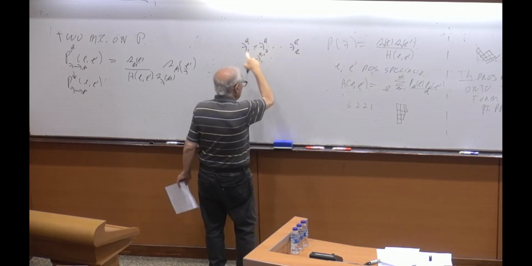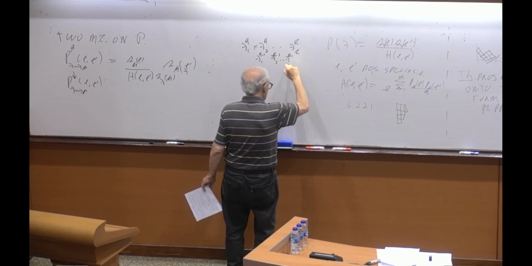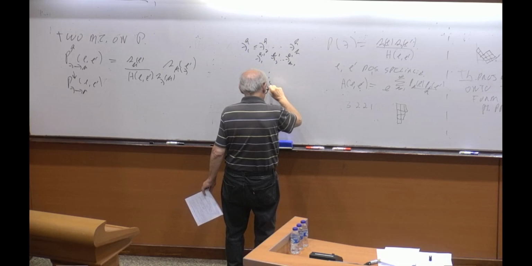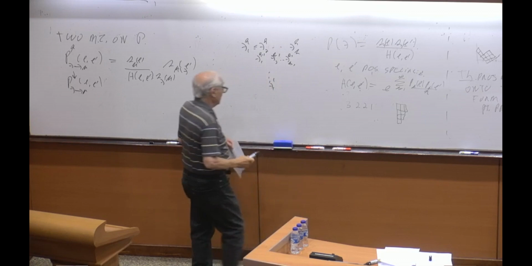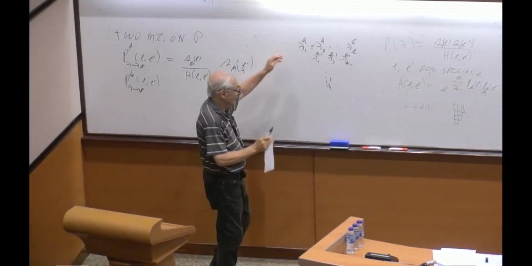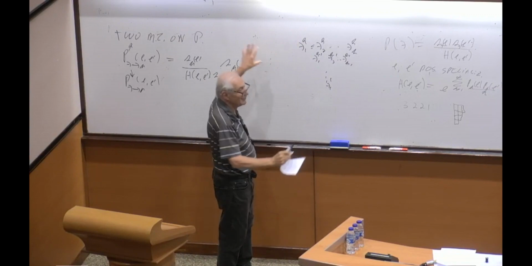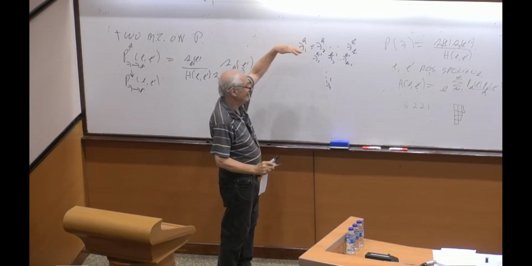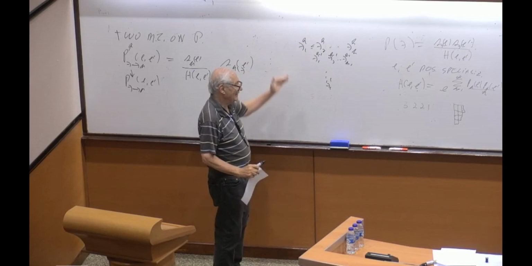This number is in between these two, lambda K minus 1, 2, lambda K minus 1, K minus 1, and on down to lambda 1, 1. So he stuck these Schur processes together and made longer ones.